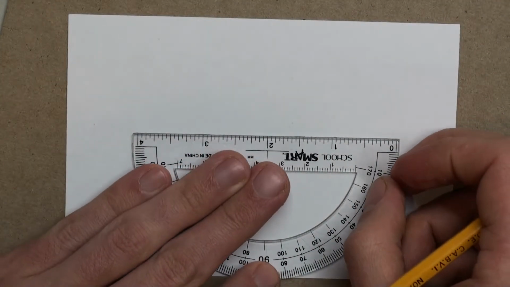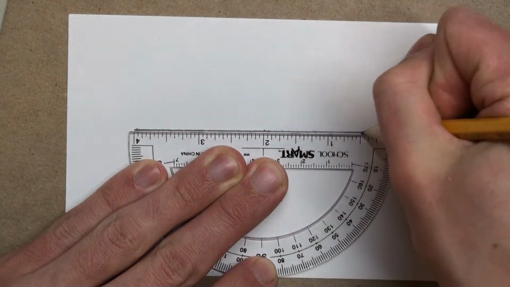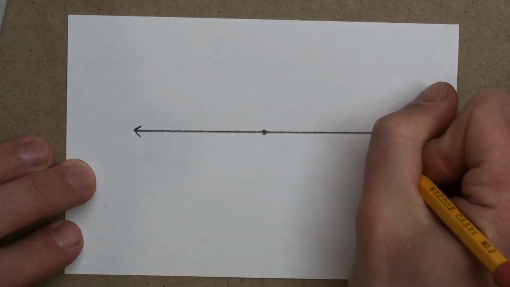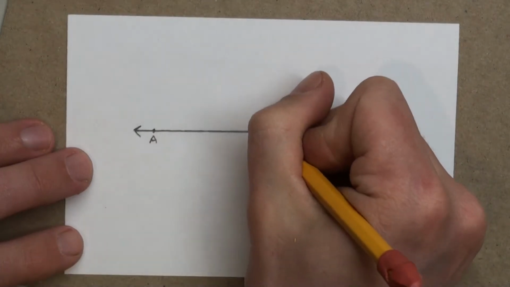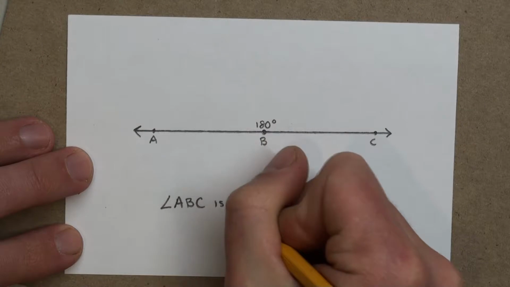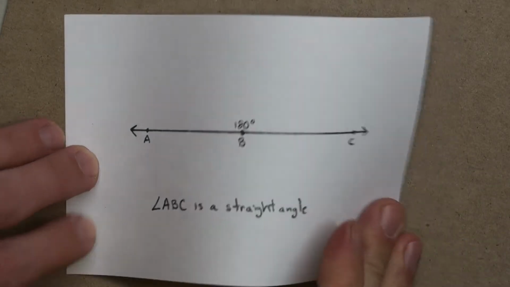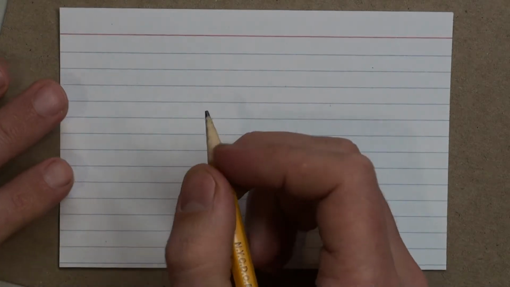So here, angle ABC is a straight angle. Okay.